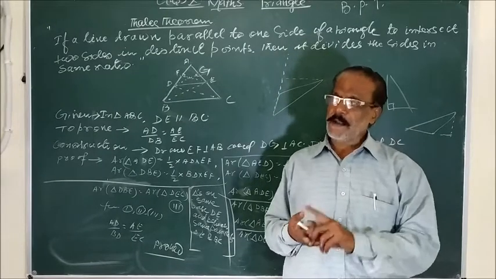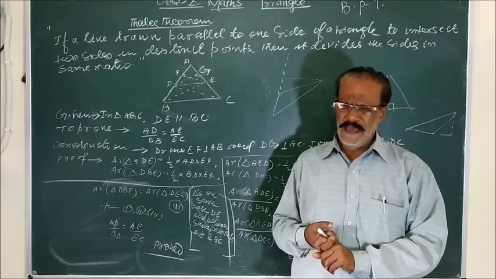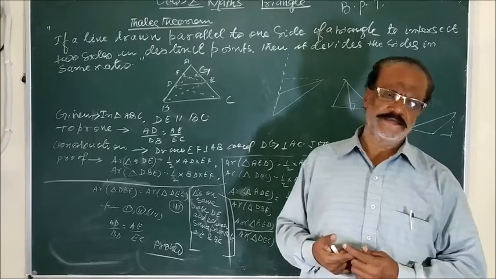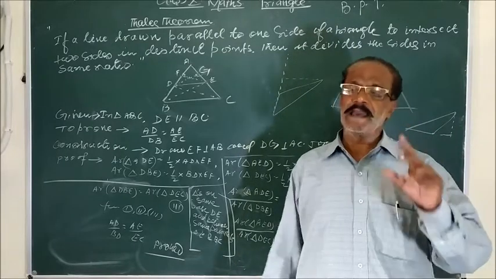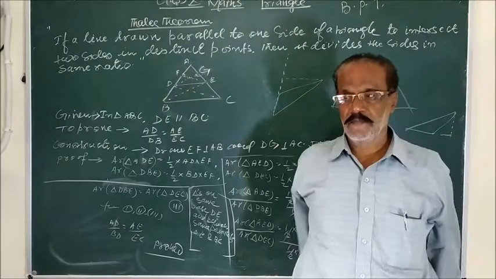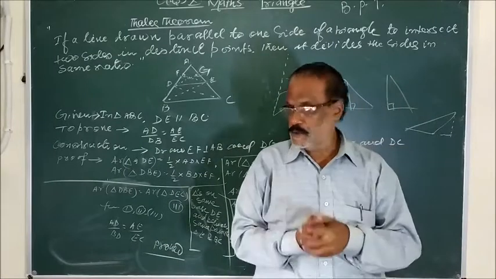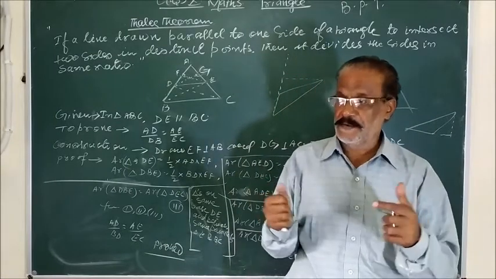But in the case of triangles, if any one of these two conditions is satisfied, if corresponding angles are equal, the triangles will be similar. Or if corresponding sides are proportional, the triangles will be similar.